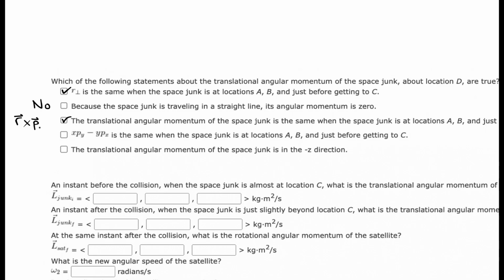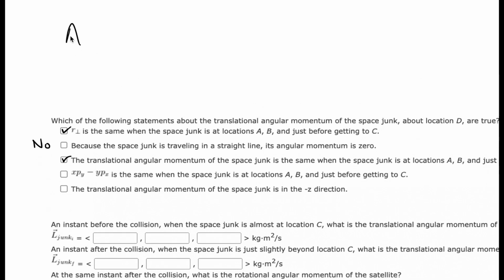The P is going to remain constant, and the R that we use as the leverage arm is the same. If we do xpy minus ypx, would that quantity be the same when the space junk is at locations A, B, and just before C? So what it's referring to there is the formula for cross product, that if we have two vectors being crossed, we can use the formula ax by minus ay bx.